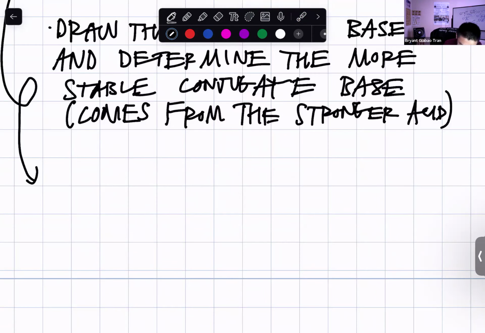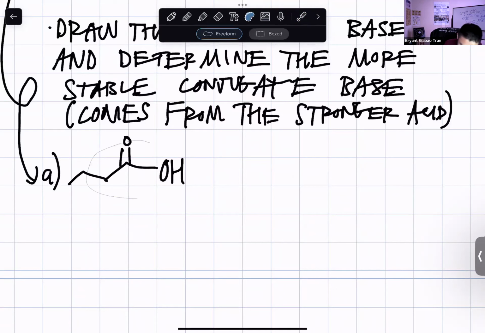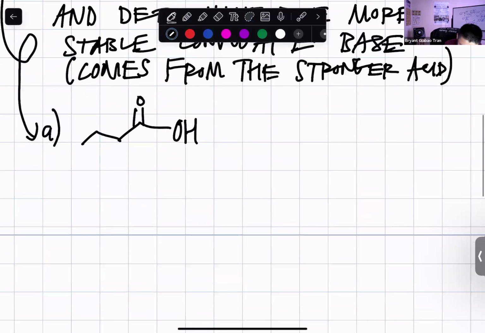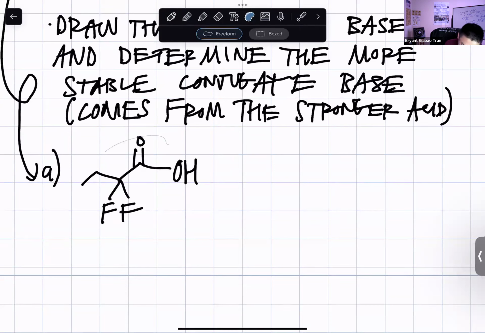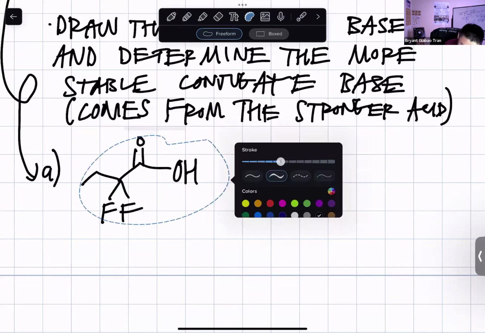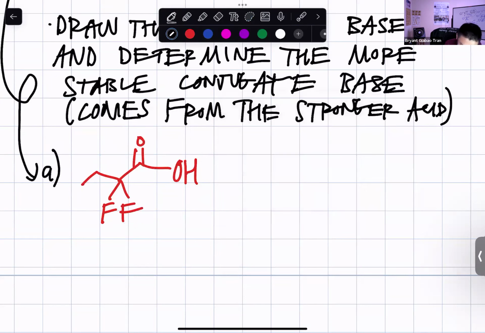So let's say I have this carboxylic acid right here. 3 scenarios. Scenario A is going to be this. And I have, let's do it in red to keep it consistent, this is one acid, and this is going to be the other acid here.